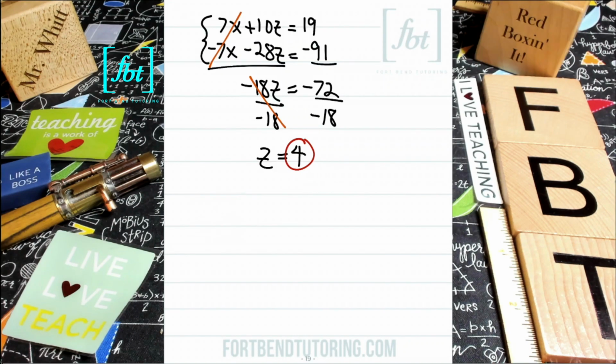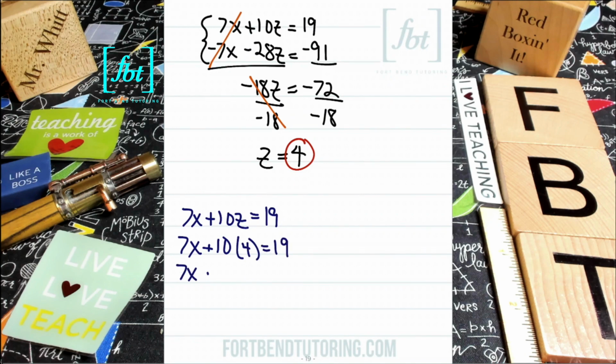Now that we know that z equals 4, we can plug this into one of the equations that contain just two variables. For instance, we can use 7x plus 10z equals 19. Replacing z with 4, you'll have 7x plus 10 times 4 equals 19.